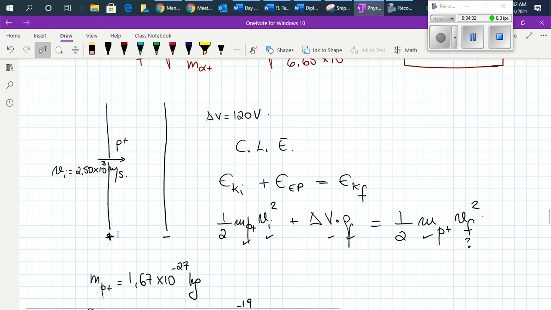So now this is becoming the positive plate and this is becoming the negative plate. What will happen? You will discuss the same thing. So will it reach the plate? If yes, what is the speed? If not, where will it stop? Okay, so we'll see more examples like this in class, and I hope that this makes sense.